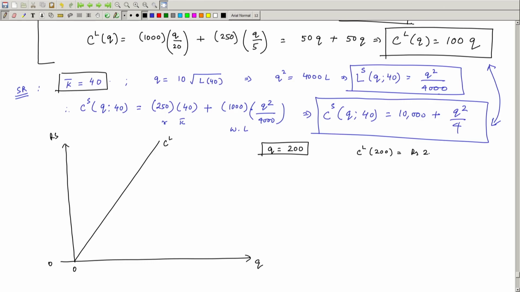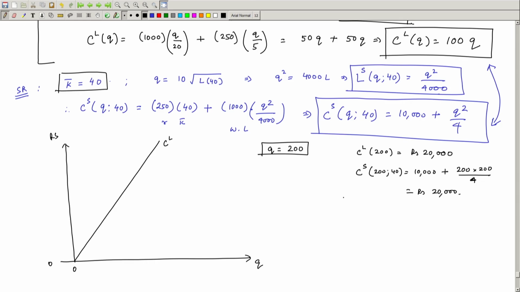So, that is going to be rupees 20,000. The cost in the short run for producing 200 units when the amount of capital is 40 is going to be 10,000 plus 200 square divided by 4. So, this is going to be 50 times 200. So, again 10,000. So, that is going to be rupees 20,000.